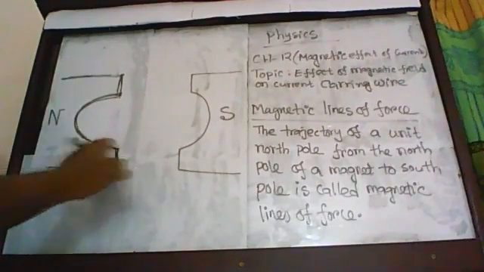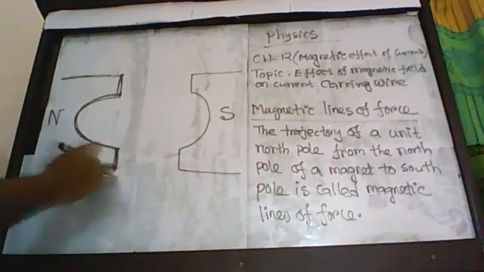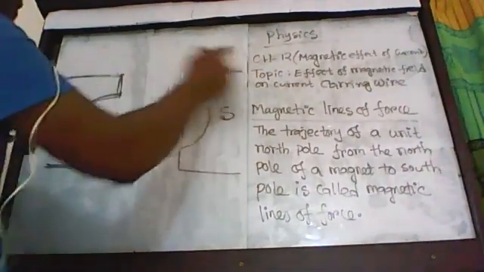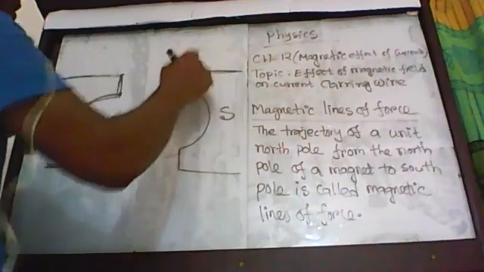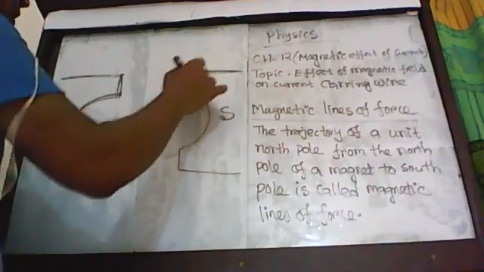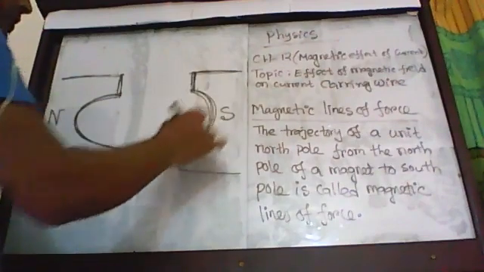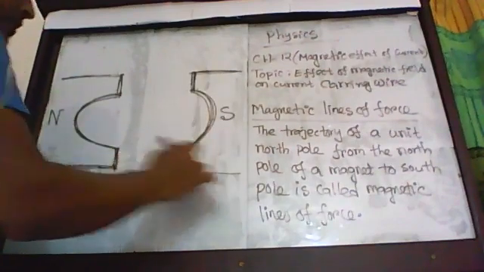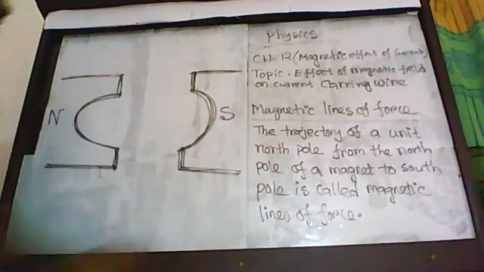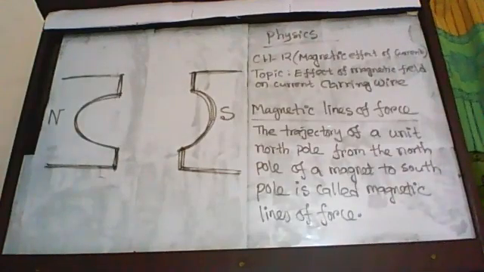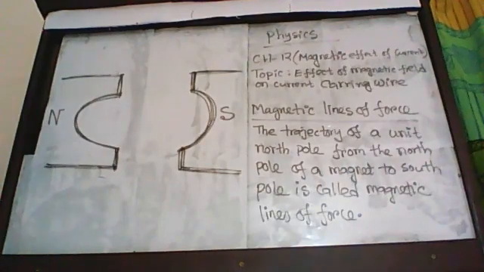These are the two parts of a horseshoe magnet.